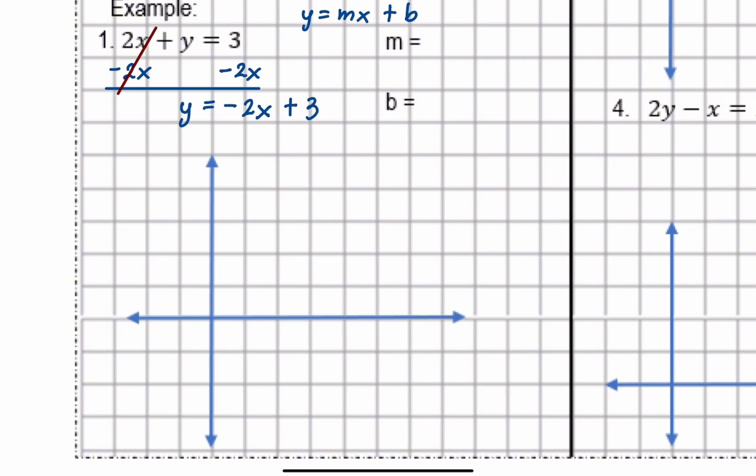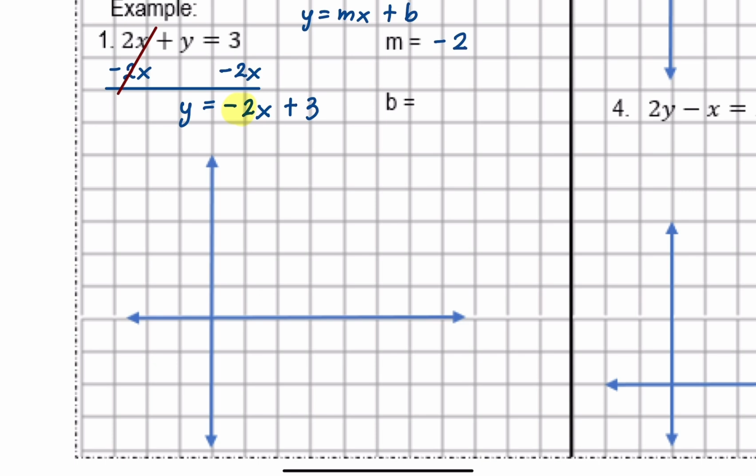Now, this is in the form of slope-intercept form. Now we can determine our m, which is slope, and our b, which is our y-intercept. So again, class, for the m, this is the coefficient of x, which is the number beside the x, which is negative 2. This is the slope, negative 2.